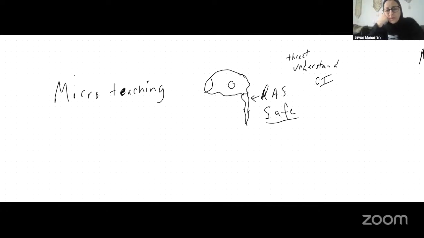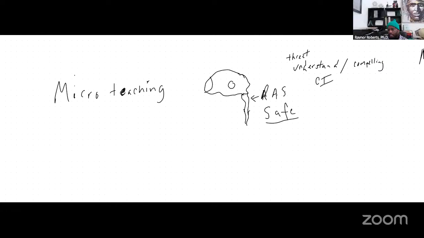Or even if we understand it, it's not compelling, meaning we're not interested in it. I don't care about that. So we understand it, but it doesn't have any business with us.